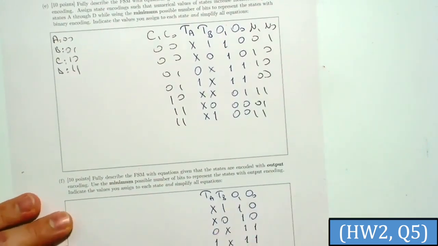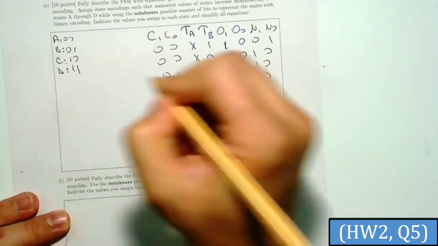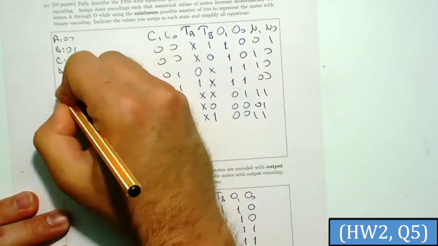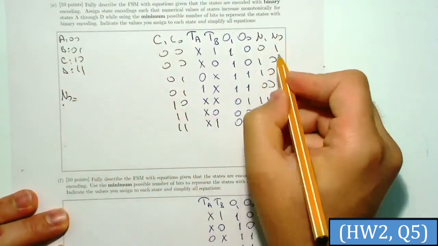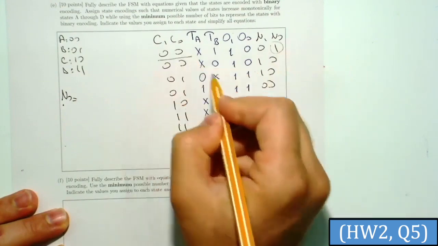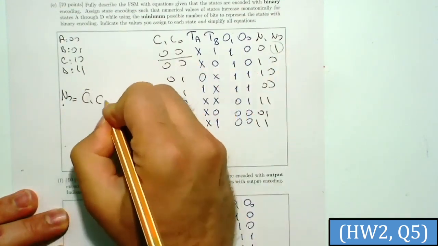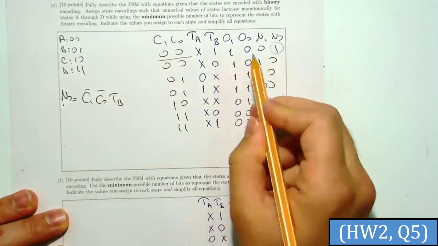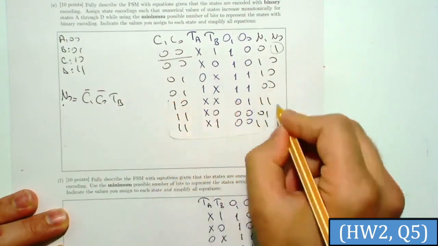So let's write the next state logic for N0. I'm going to write it here. For N0, I have 1 here and 1 here. So this means C1 not, C0 not, and TB is 1. Or I have ones here.